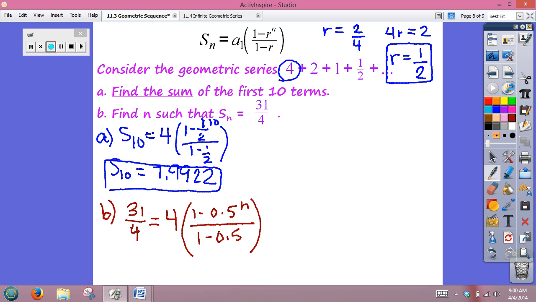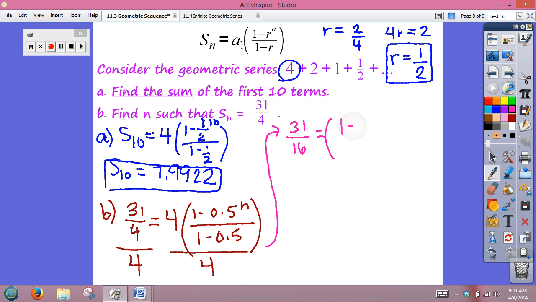So if we simplify, we can divide both sides by 4 to get rid of what's on the outside. So we will get here 31 over 16 is going to be equal to 1 minus 0.5 to the n over 0.5.